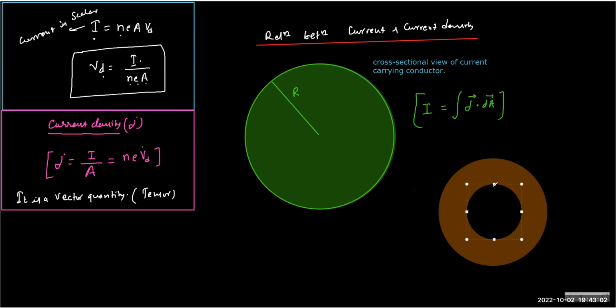So say this is at high potential, this is at low potential. And now current is moving this way. While going from inner to outer surface, the area of cross section through which the charge will cross is constant or variable? Variable. So what kind of area are you getting here? Spherical.